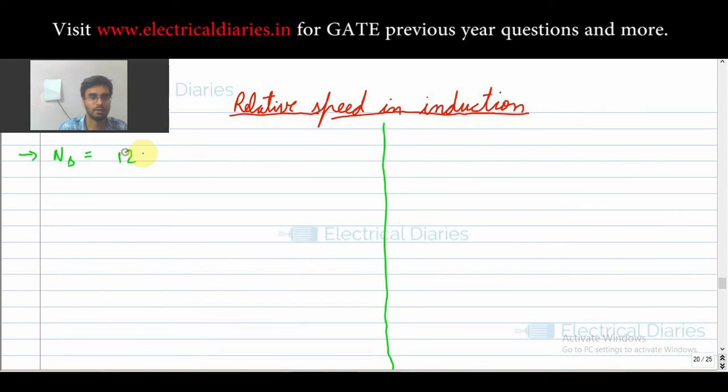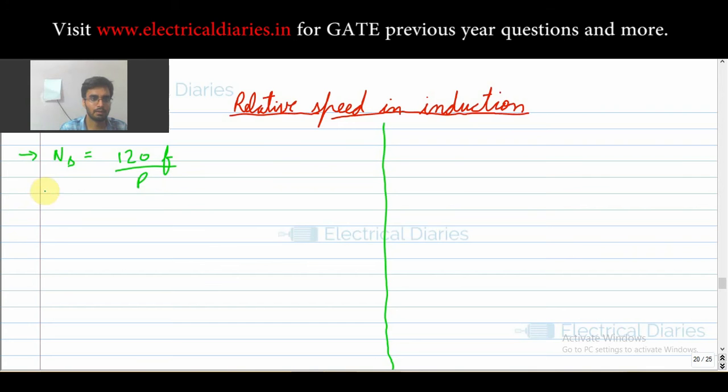So we know the meaning of this: Ns is equal to 120 f by p. What does it give? It gives the speed of the field with respect to the structure on which that winding is placed. I have already explained this concept.